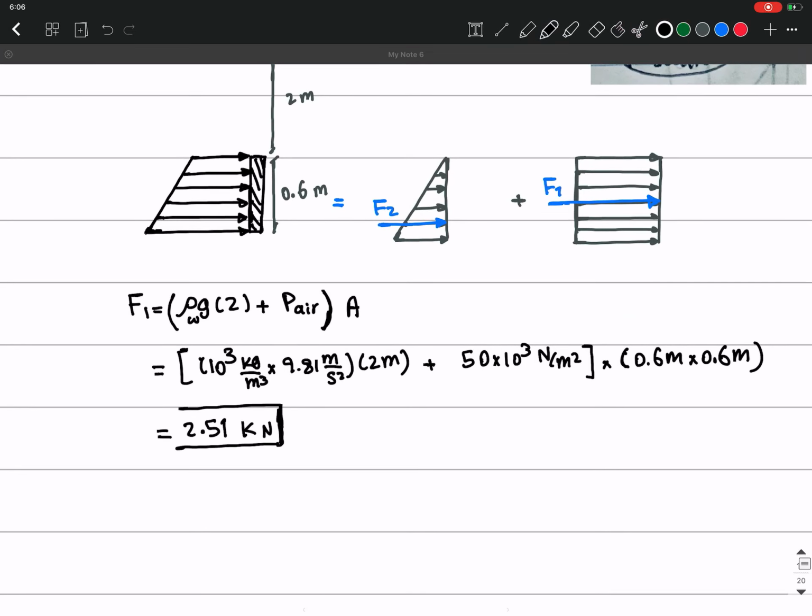And then let's calculate the magnitude of force 2. We can calculate it like this.